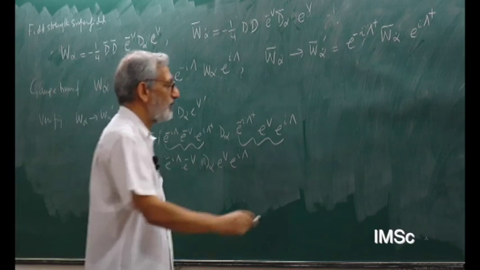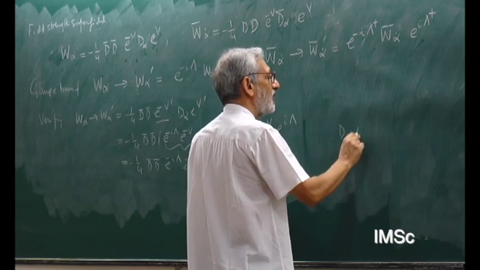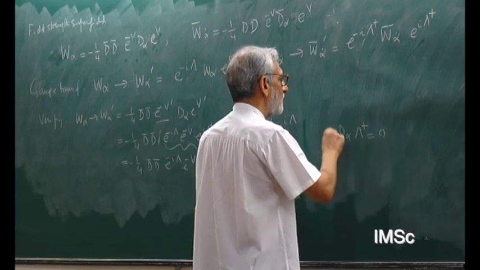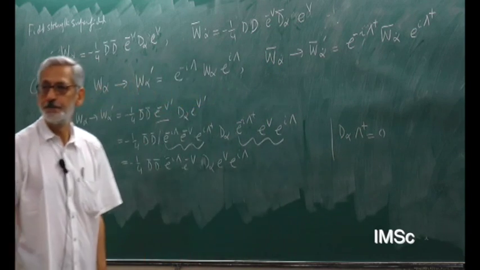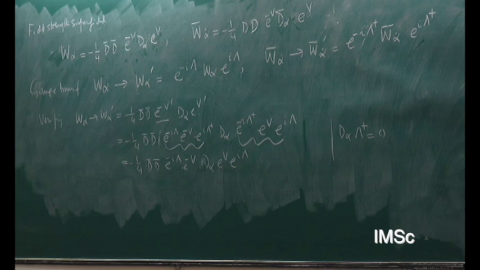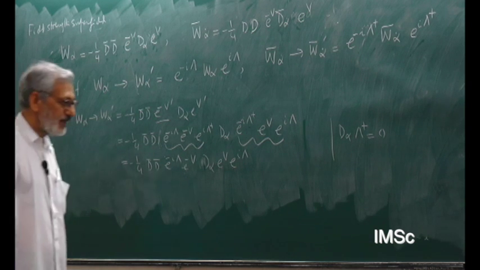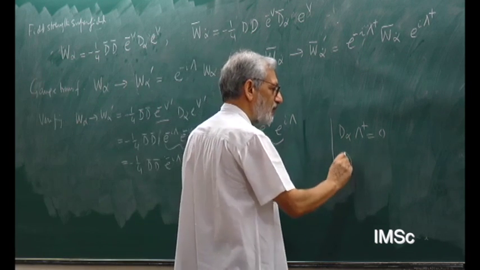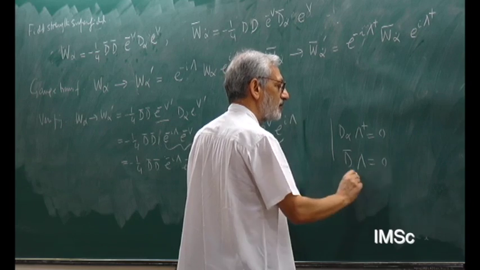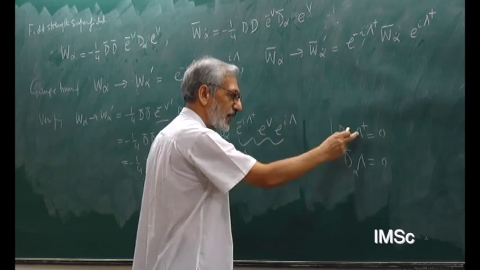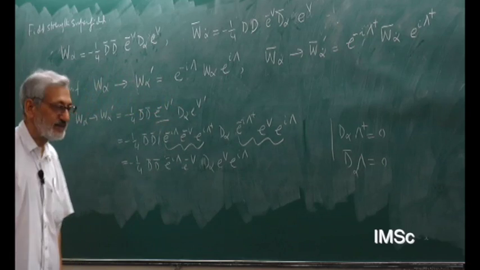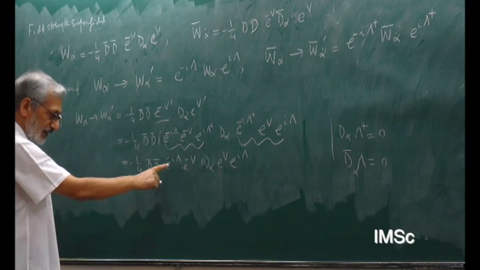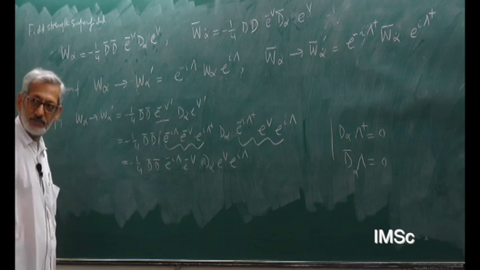We have used the fact that D_α on lambda dagger is 0. Next, this is also true: D-bar on lambda is 0 because it's a chiral superfield. This is an anti-chiral superfield, this is a chiral superfield. So I can take this phase across these.